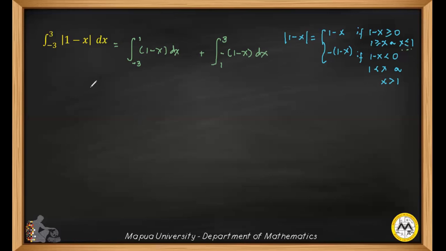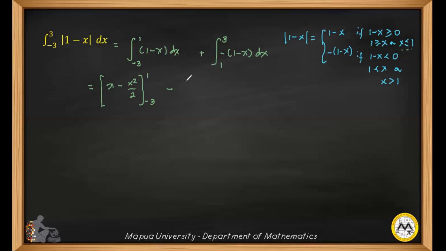Evaluating the two integrals will give us: the integral of dx is x minus the integral of x dx is x squared over 2, and we will evaluate this from the lower limit -3 to the upper limit 1. Then we can bring out -1, so plus times minus is minus.